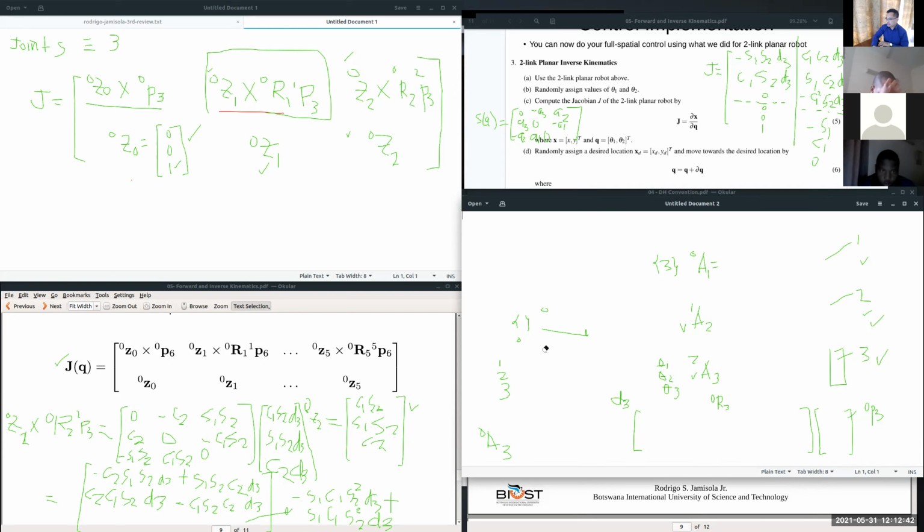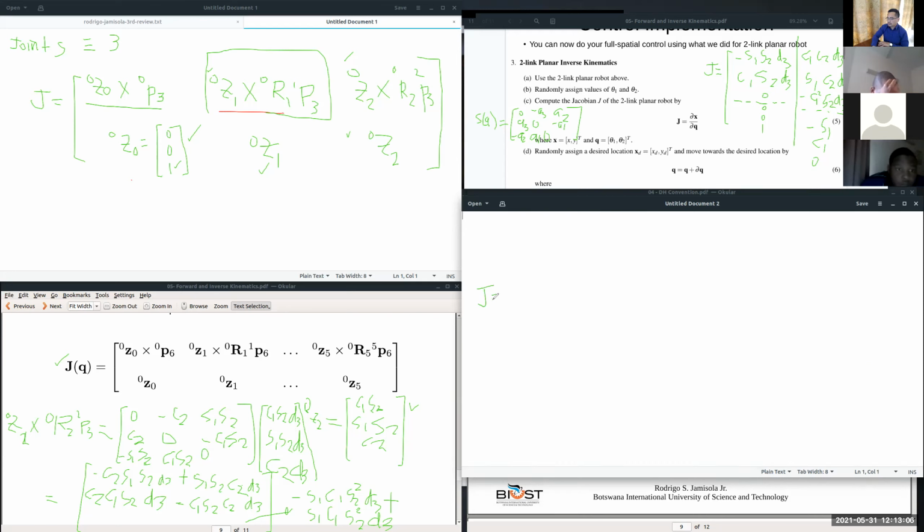And erase. Okay, let me finalize the Jacobian for you. This is just a three joint robot, and we are considering position and orientation. So your Jacobian, let me write down everything.